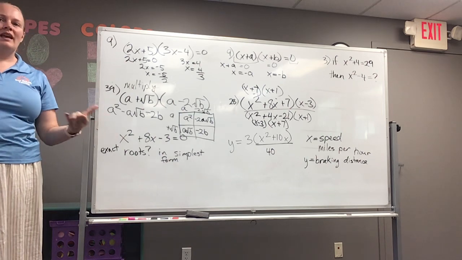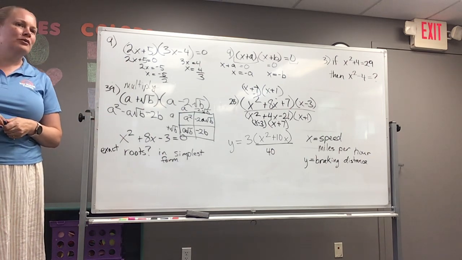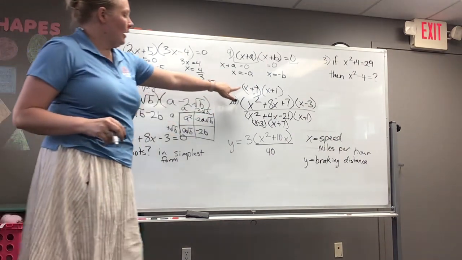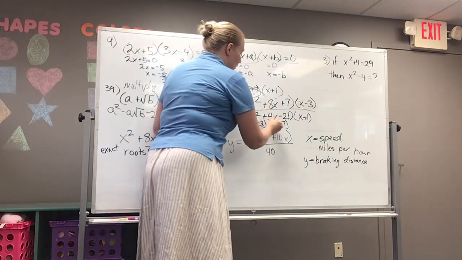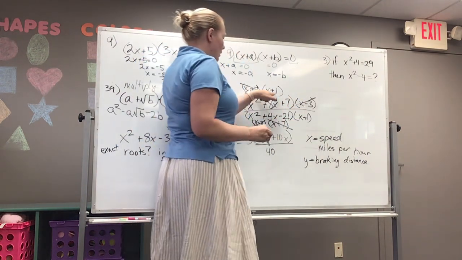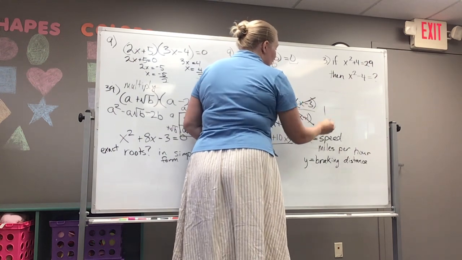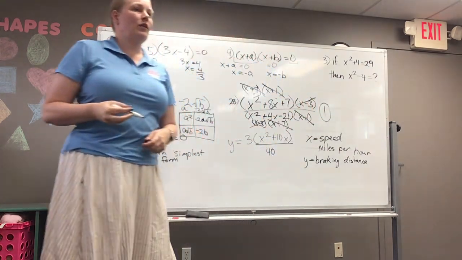They've already given you a hint of what is going to be in there that's going to get canceled out. And so x plus 7 cancels. X minus 3 cancels. X plus 1 cancels. And we have just plain 1.